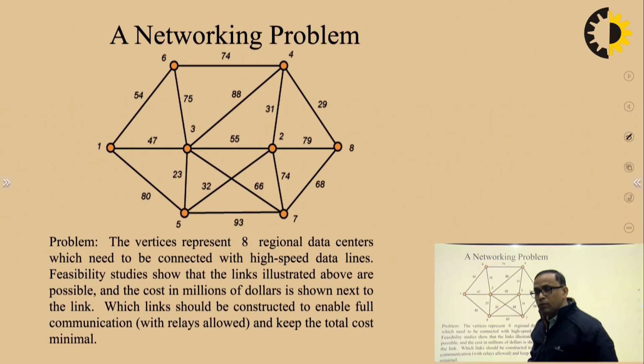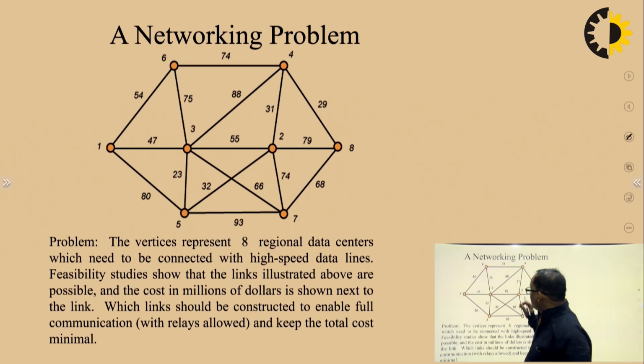Now, what is a minimum spanning tree? If we assign a weight to each edge, or suppose the graph is a weighted graph, then a minimum spanning tree is a spanning tree which has the minimum cost, or the minimum weight. It means suppose this graph is given. Now, there may be more than one possible spanning tree.